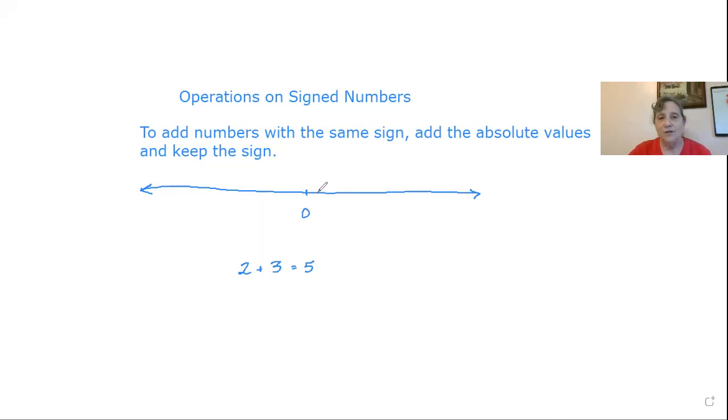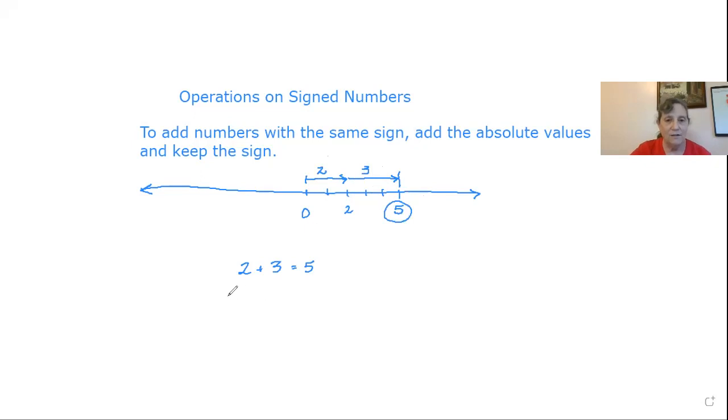A +2, if we start at 0, would carry us 2 units in the positive direction, which is to the right. A +3 would carry us 3 more units to the right, so we end up at the number 5.